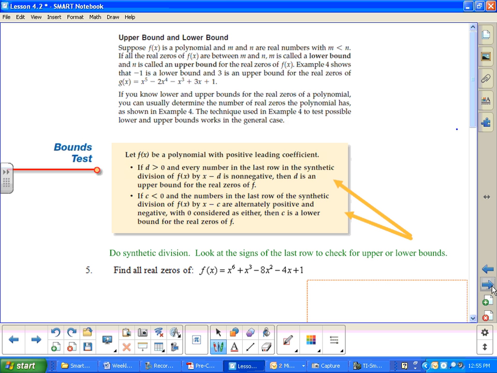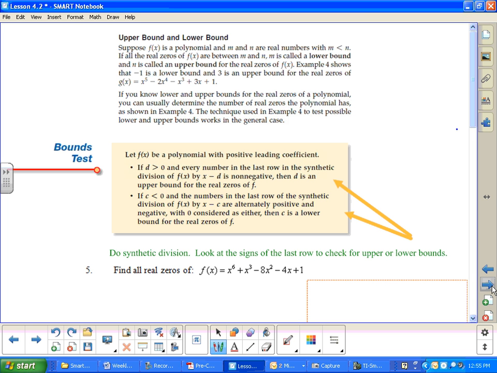Now, we have something called a bounds test. And what happens sometimes is that we might find a couple zeros, but then we don't see any other zeros. How do I know that they're not outside of what we can see on our calculator?